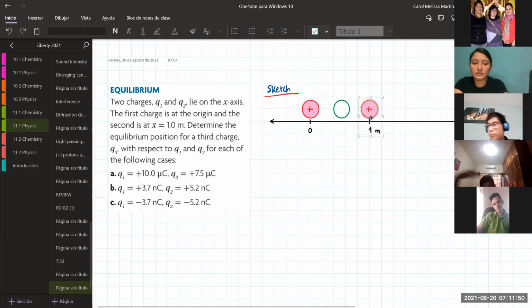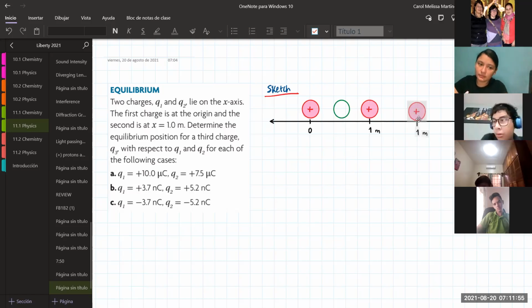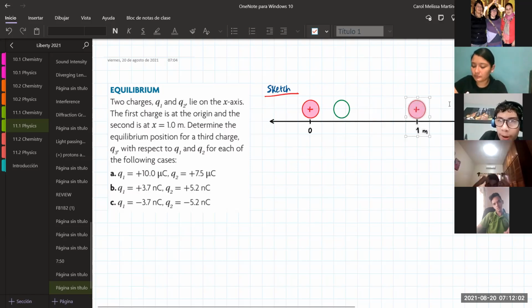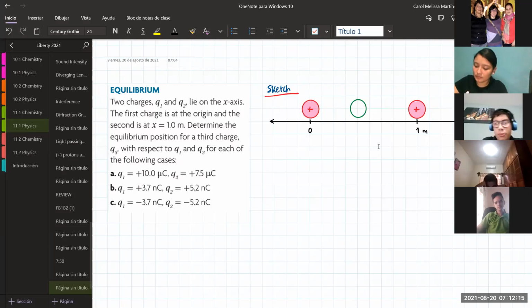I'll do a few changes here. Okay, better. And I will put my Q3 here. Remember, I don't know the distance. That's what I'm looking for, and this is going to be my negative charge.